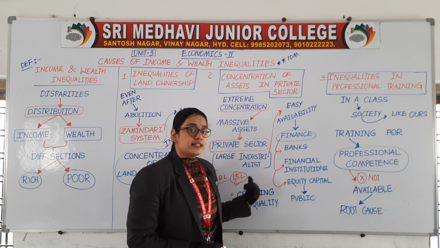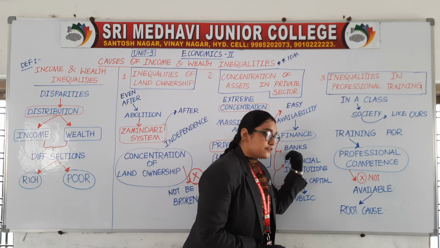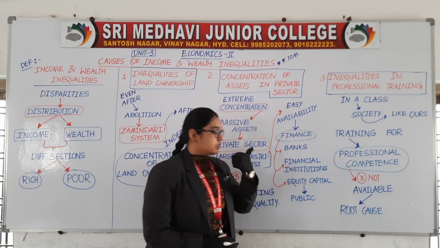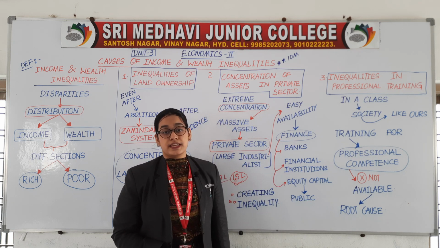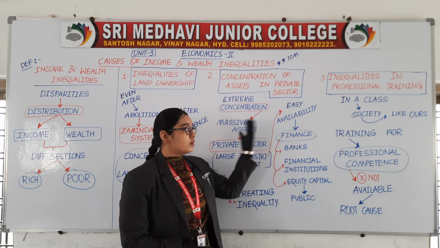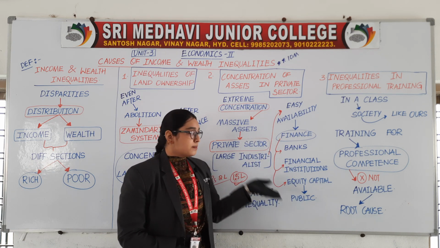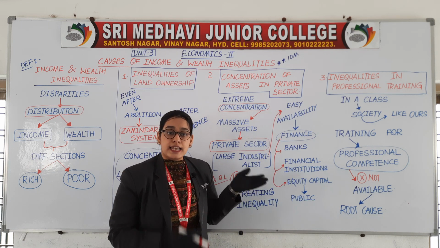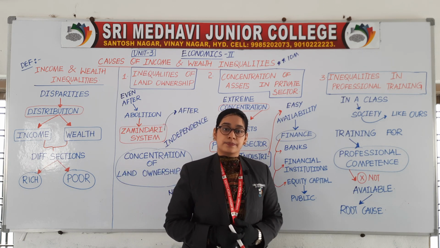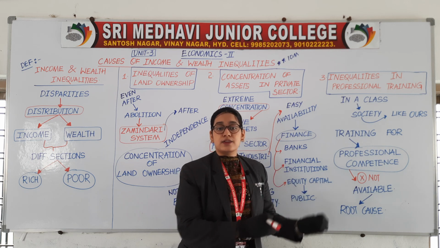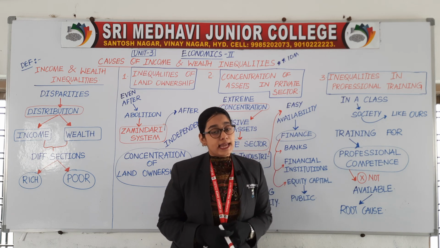So large industrialists are getting finance from banks, from financial institutions, from equity share capital which they raise from the public. This is all we are discussing about whom? Private sector, that is large industrialists. Then what about our poor farmers? Okay, we are getting pity on them. No one is there to help them.